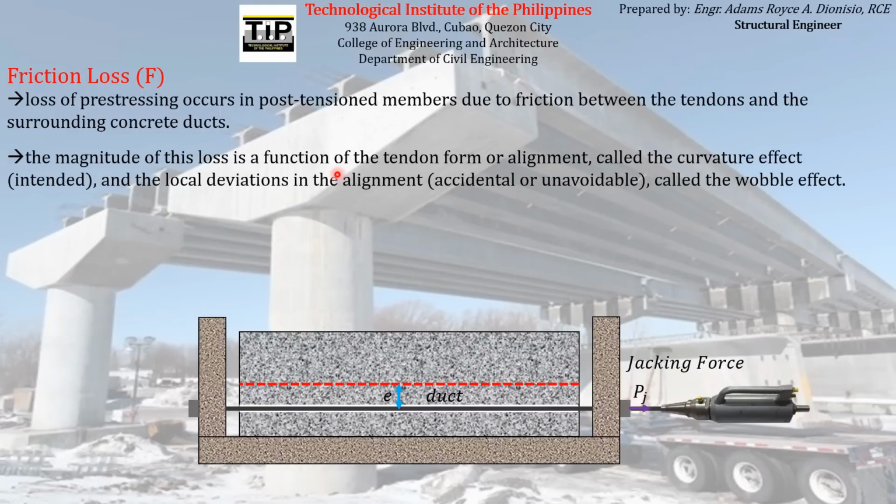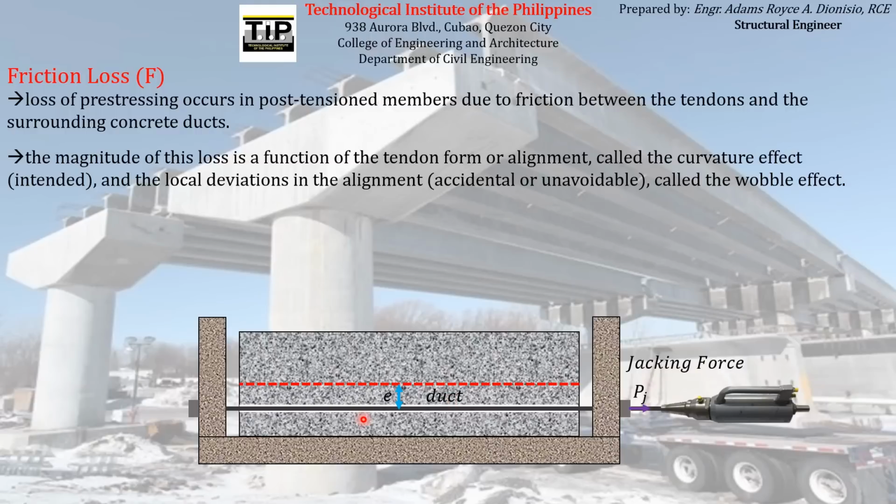The magnitude of that loss due to friction is actually a function of the tendon form or alignment, like what I've said before, which is called the curvature effect. If you can remember, the profile of the tendons usually used for post-tensioning members has variable eccentricity all throughout the length of the beam or the span of the concrete element.